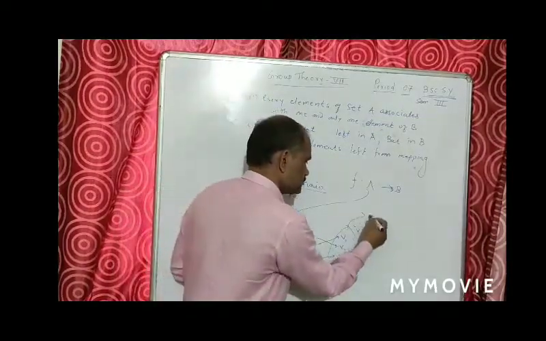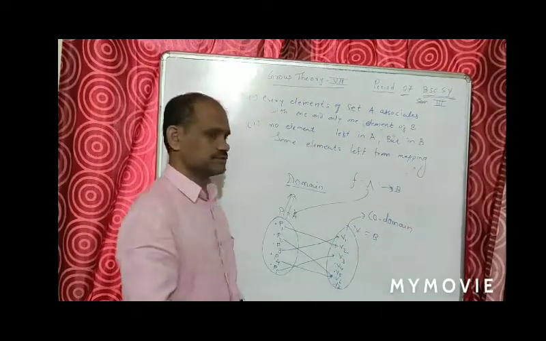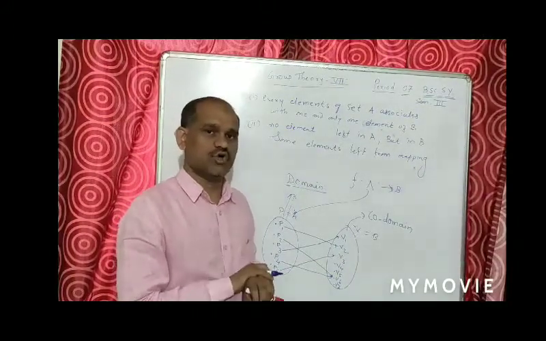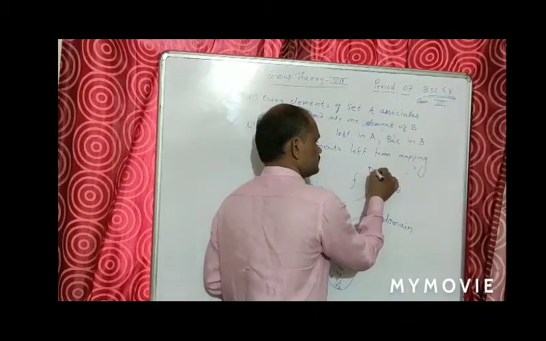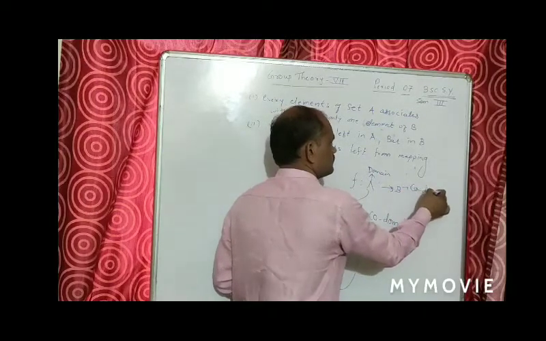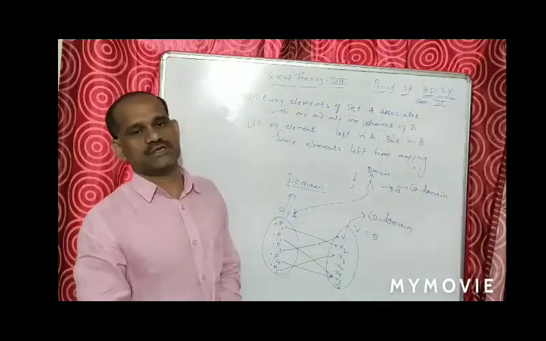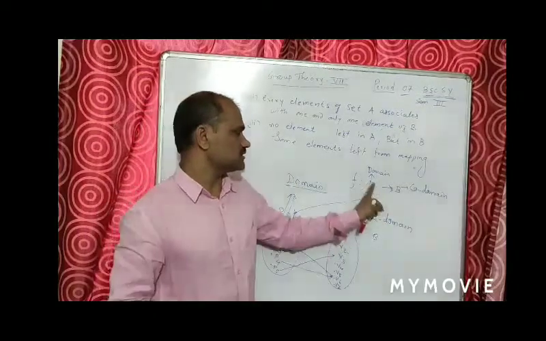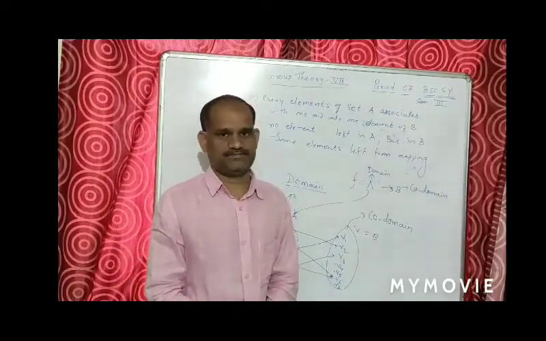Then this is the codomain. Totally set B is the codomain. Okay. So this will be the domain and this will be the codomain. So if F such that A to B is any mapping, any function, then set A is called domain and the set B is called codomain.